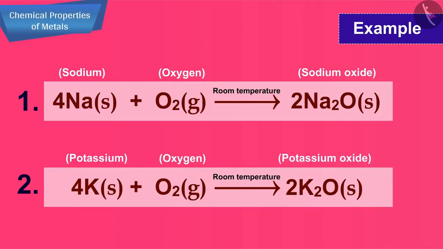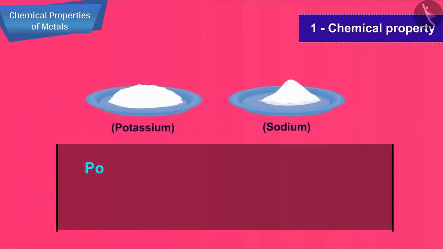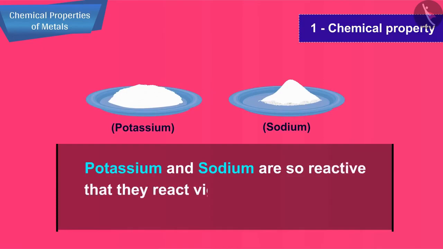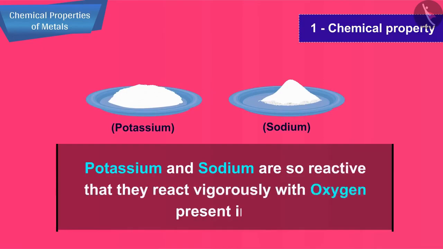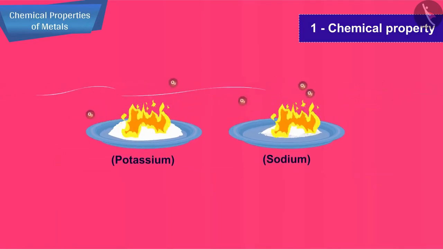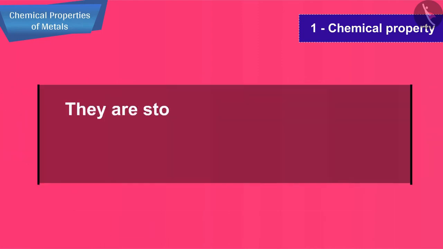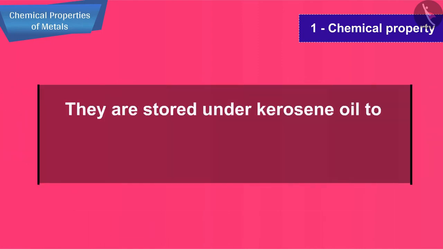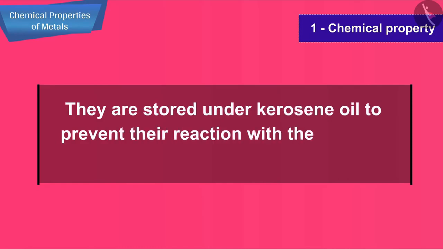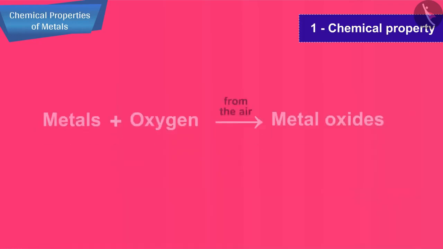There is also an interesting fact about these metals: potassium and sodium are so reactive that they react vigorously with oxygen present in air. They catch fire and start burning when kept open in the air, and this is the reason why they are stored under kerosene oil to prevent their reaction with the oxygen, moisture and carbon dioxide of air.